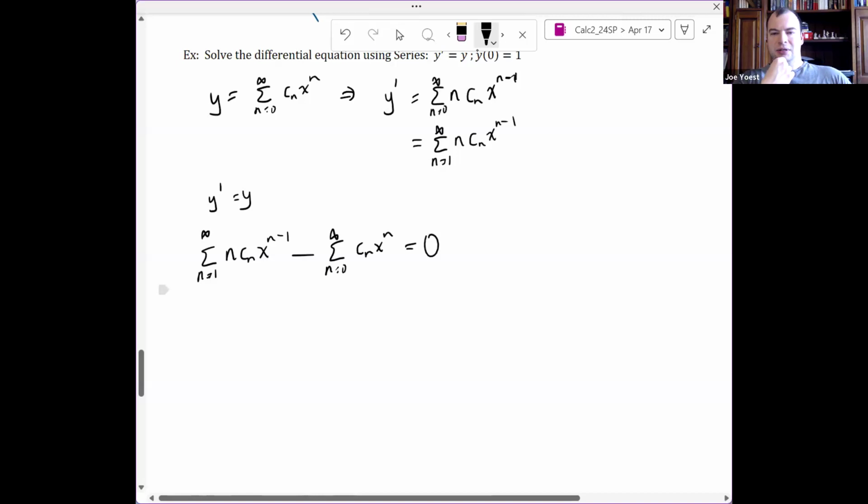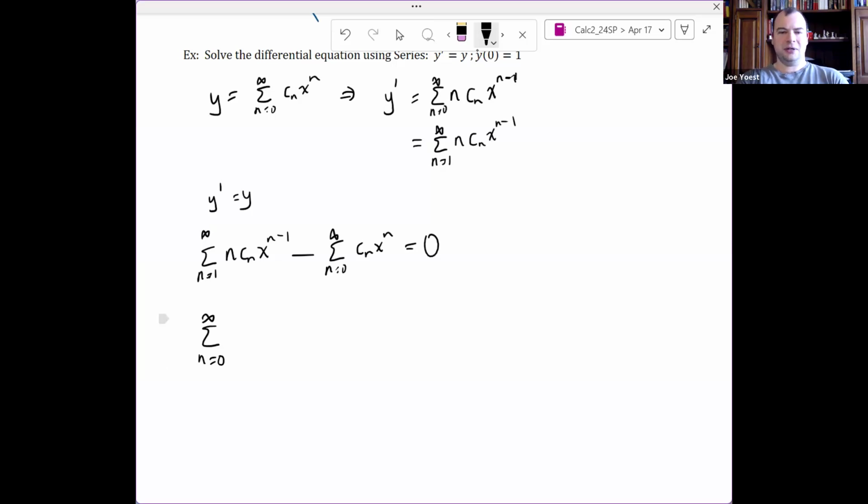Okay, so the sum from n equals 1 to infinity. What does the n equals 1 term look like? It looks like 1 C1 x to the 0. I could re-index this as a sum from n equals 0 to infinity, or we could have used a different variable. This is essentially just a change of variables. So my first term here looks like 1 C1 x to the 0.